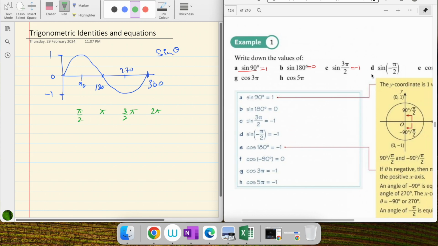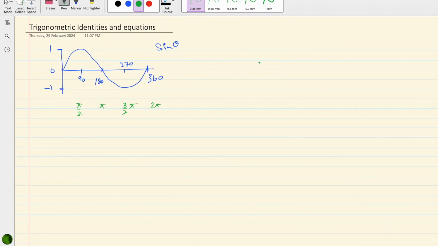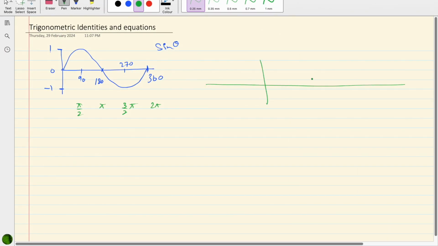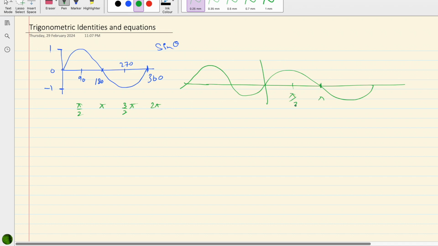Now sine negative pi by 2, we can continue the same graph on the other end. This was pi, this is pi by 2. Now this is minus pi, and this is minus pi by 2. So sine of minus pi by 2 is equivalent to -1.